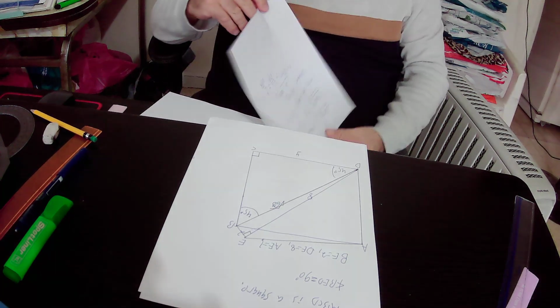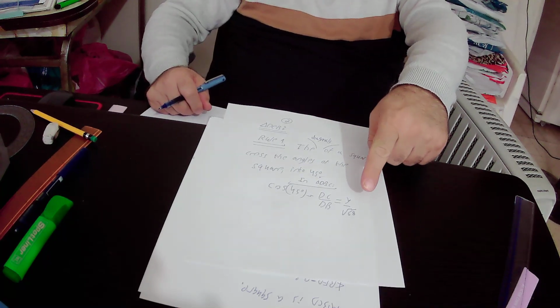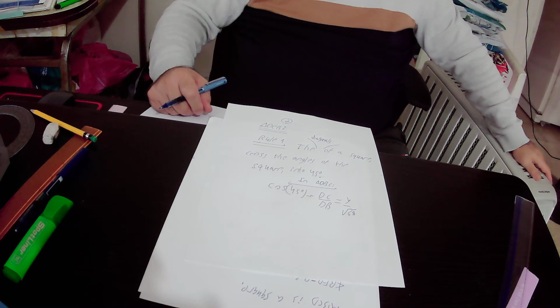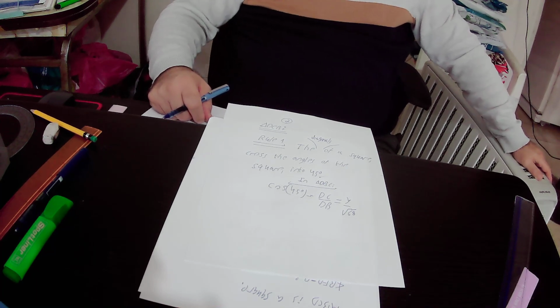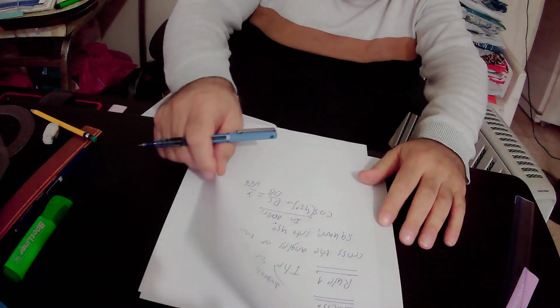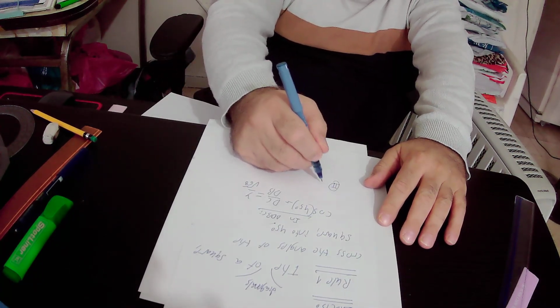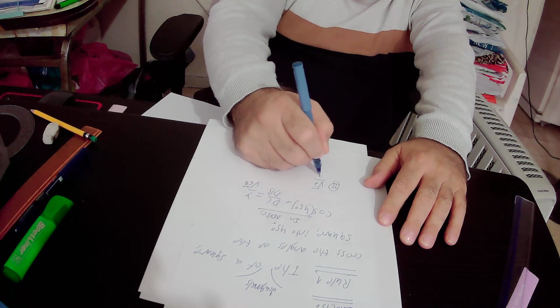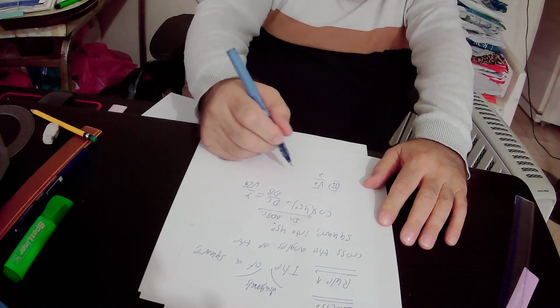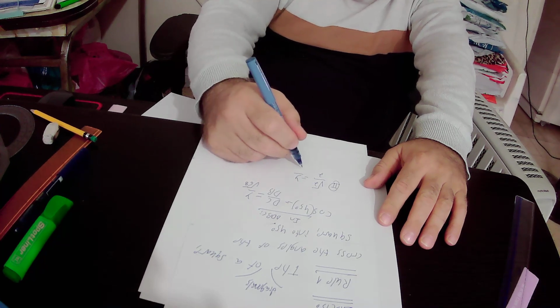So we found out that cosine 45 degrees equals y over square root of 68. We know that cosine 45 degrees equals root 2 over 2. So we write it down. This will be equation number 2, and according to equation number 2, square root 2 over 2 equals y over the square root of 68.